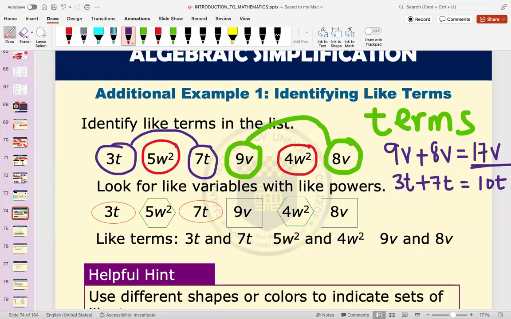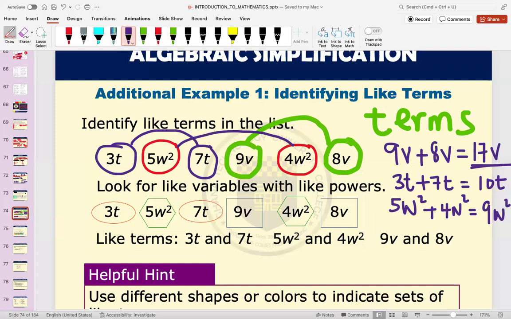So 10T can also represent 3T and 7T. And then finally, I pick 5W squared plus 4W squared and put them together. So I'll have 5W squared plus 4W squared. And this gives me 9W squared.